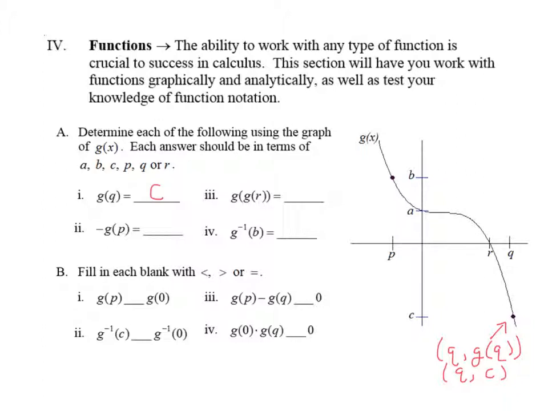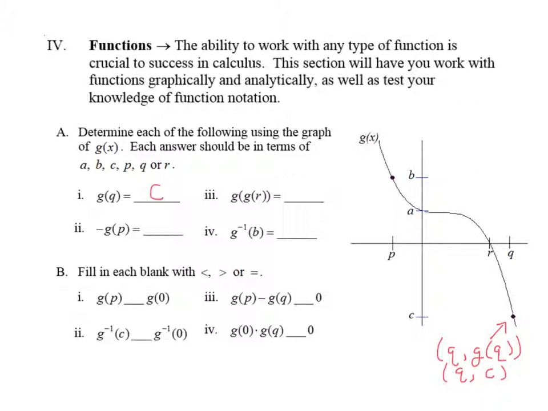Taking a look at Roman numeral 4, this is one that usually causes students to have some questions. We understand what g of q or g of some number gives us, but what about g inverse? We need to keep in mind that we're not actually looking at the function g inverse. We're looking at the function g. But there's one thing that we really should remember from precalculus about inverses.